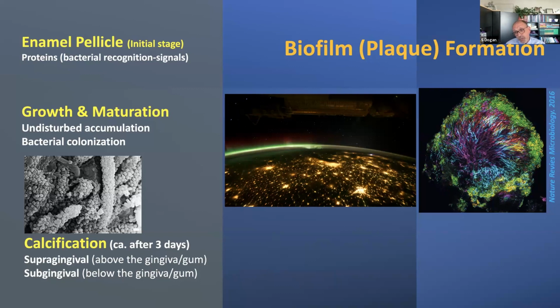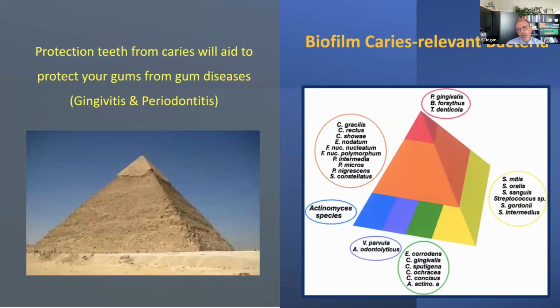We need to be very careful when we try to understand the bacteria, and we need to accommodate the good bacteria in our oral environment. I call these good bacteria the foundational bacteria, which are like the pyramids in Egypt, and they are always going to be there. We cannot eliminate these foundational bacteria.